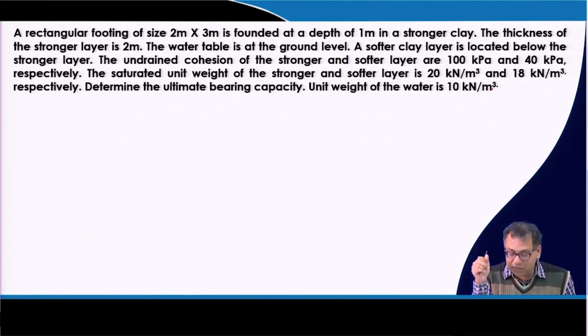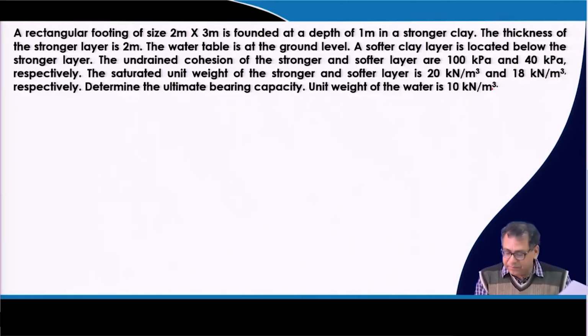The saturated unit weight of the stronger and the softer layer is 20 kilonewton per meter cube and 18 kilonewton per meter cube respectively. Both unit weights are considered the same for this particular problem. Determine the ultimate bearing capacity. Unit weight of the water is taken as 10 kilonewton per meter cube.